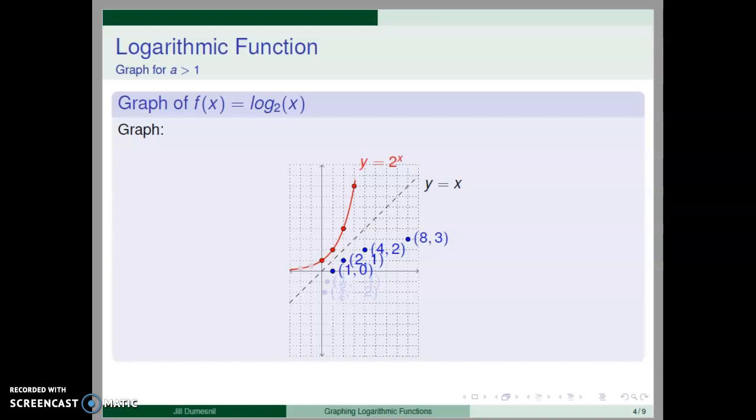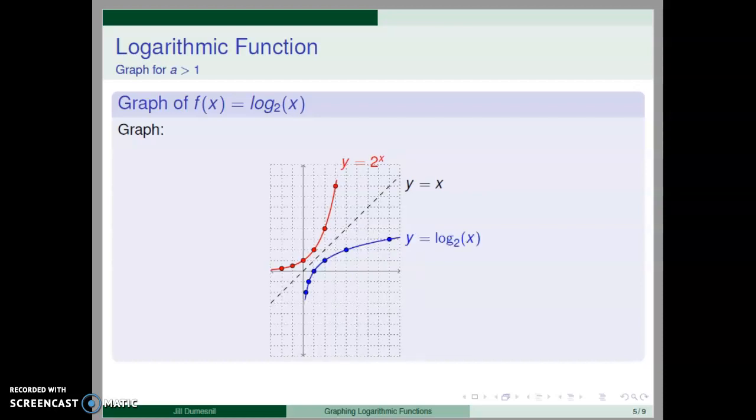We plot some negative values as well, and we have the point (1/2, -1) and the point (1/4, -2). All we've done so far is take the points on the exponential function and interchange the x's and y's. Now we can connect the dots to get a sketch of the logarithmic function with base 2.